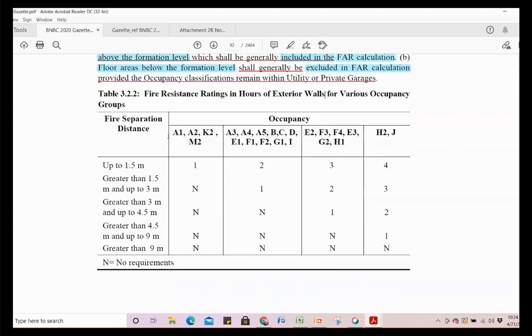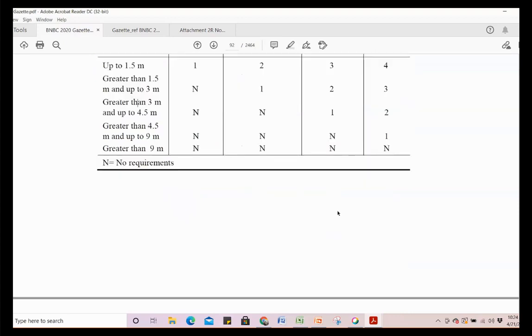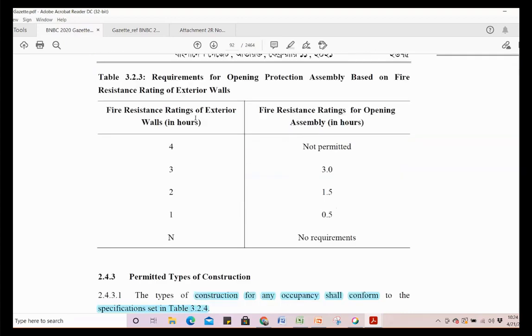We can see that for different occupancies and for different fire separation setbacks, the fire rating of the exterior wall varies considerably from occupancy to occupancy. Here is another chart which speaks about opening protection.